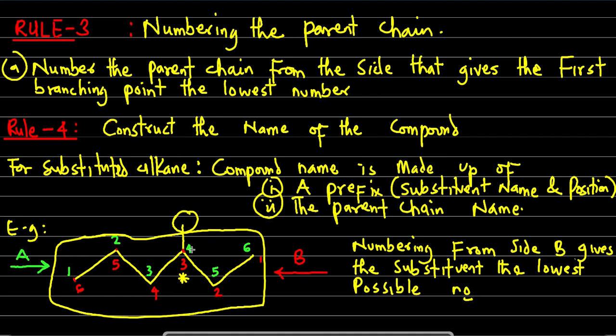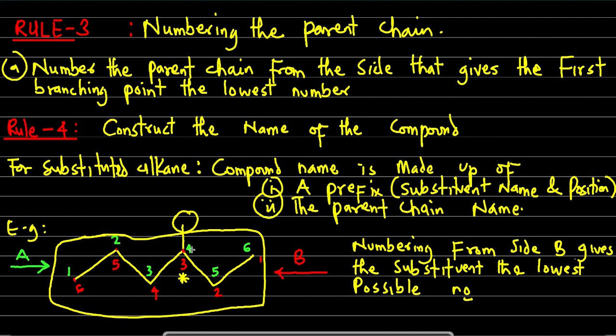Mono means 1 substituent on this parent chain. Remember I told us that whenever you're numbering a parent chain, you can always come from both sides. Either you come from the left or you come from the right, as long as the chain is horizontal, right? So always come from both ends. Whichever end gives the substituent the lowest possible number, you go with that.